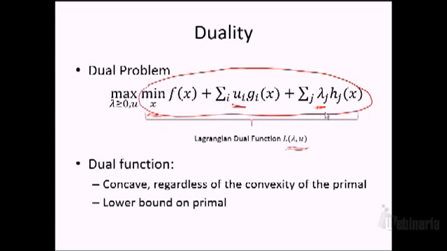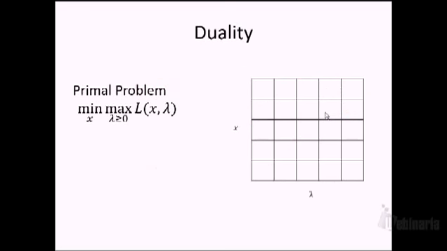Also, the dual function is a lower bound on the primal objective function. To see that, let's consider this illustration. So, we have the Lagrangian function, which is a function of the primal variable and the dual variable. We are considering only inequality constraints for simplicity.